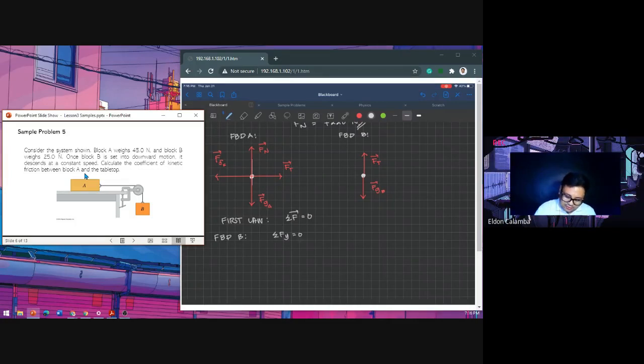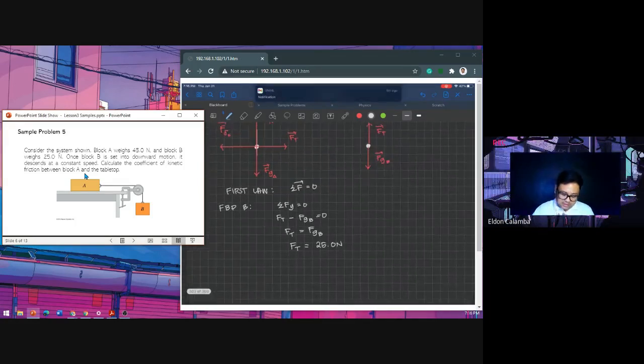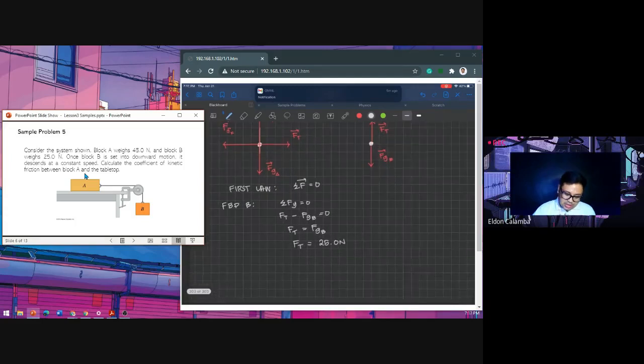So, I have FT minus FGB equal to 0. So, FT is equal to FGB. We are given already the weight of box B and that is 25 newtons. So, FT, this is 25 newtons. Okay? Leave it there.